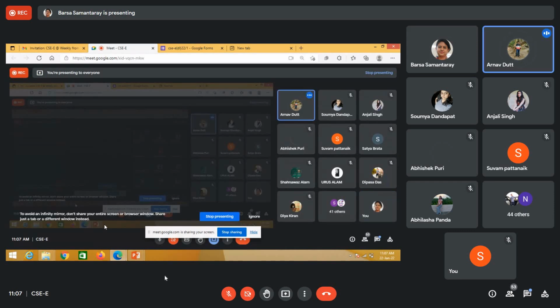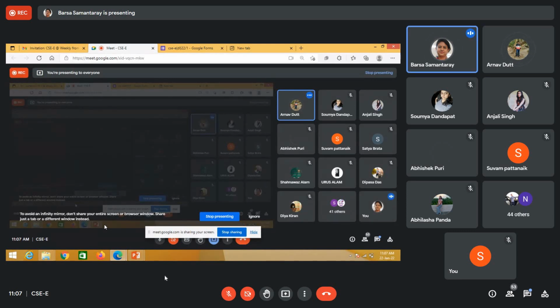I didn't understand the sequential circuit completely. The connection was weak, so the class was being disconnected every moment, and I couldn't hear it completely.